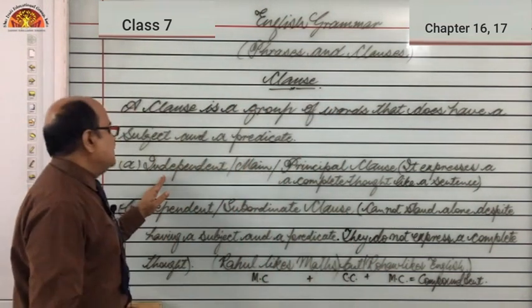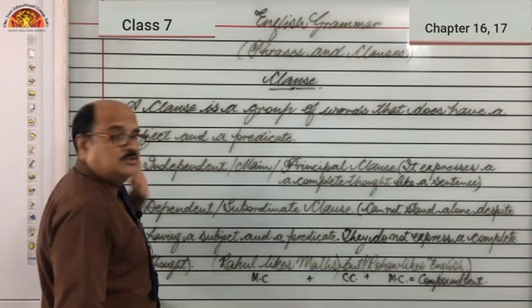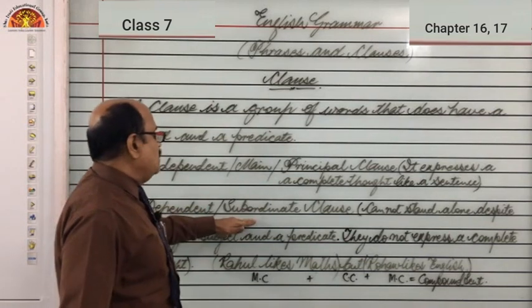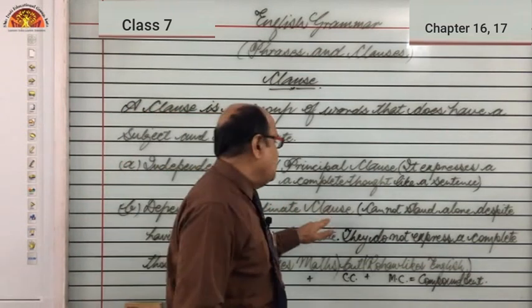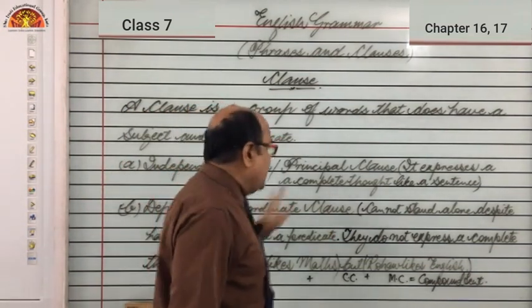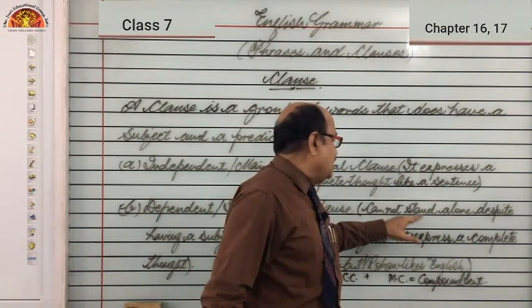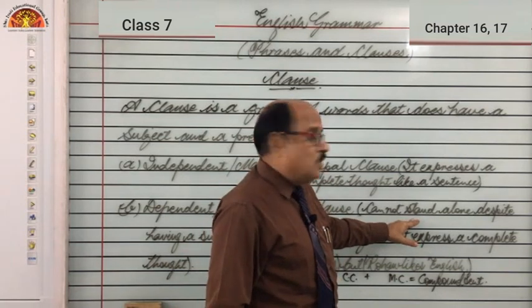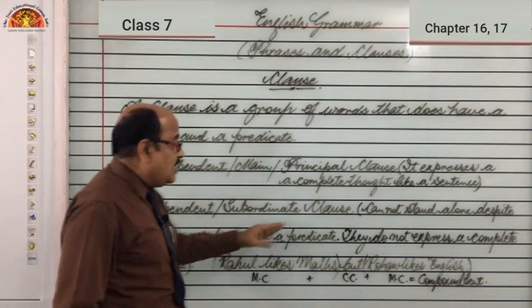So next is dependent clause. Obviously one is independent, so another one is dependent, right? Dependent clause or subordinate clause. What is this? Obviously the meaning expresses itself. Independent clause can stand alone, but these clauses, subordinate clauses or dependent clauses, cannot stand alone despite having a subject and a predicate.